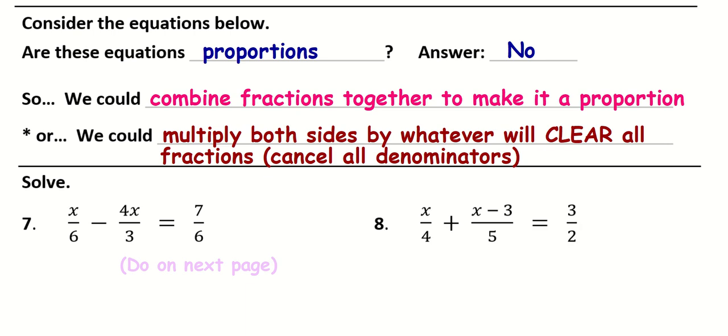Or we could do this. Multiply both sides by whatever will clear all the fractions. In other words, like cancel all the denominators. I don't know, maybe you can sort of understand what that means. But those are the two methods.